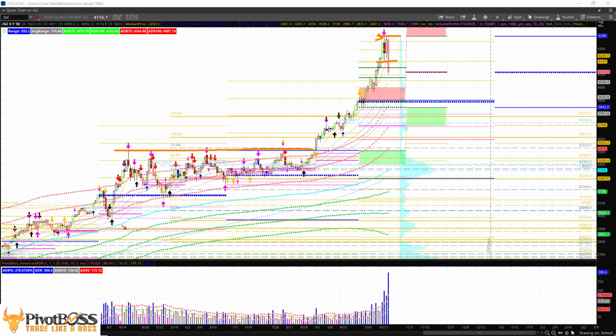We've seen the compression and the expansion from 3,000 to 3,500. That's the measured move. The next measured move was going to be to 4,500, but we're 102 points shy of that and now dropping. That's fine. That's a big time move.